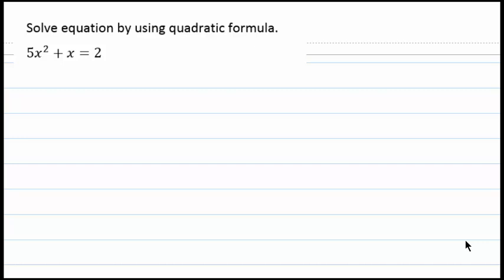All right, here's an example where we're going to solve the equation by using the quadratic formula. So first thing we have to do is make sure that the equation is in standard form. So I have descending order, and then it's supposed to equal 0. It doesn't equal 0 right now, so I'm going to go ahead and subtract 2 from both sides.